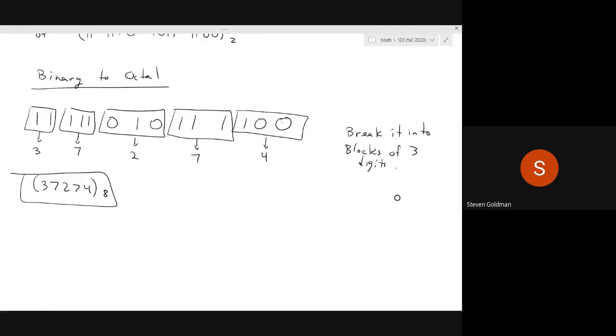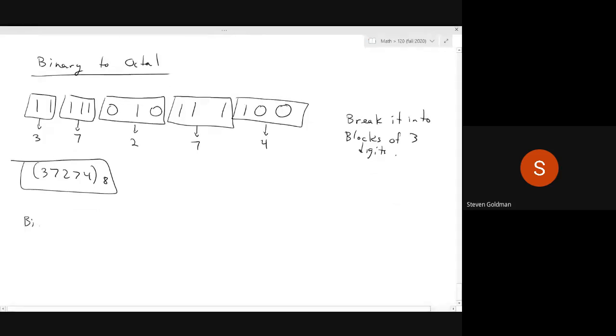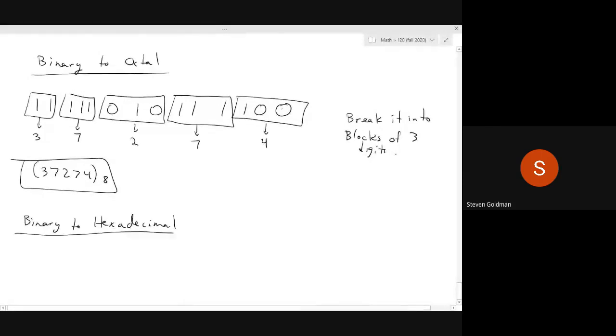For binary to hexadecimal, you're going to break it up into blocks of 4 digits.